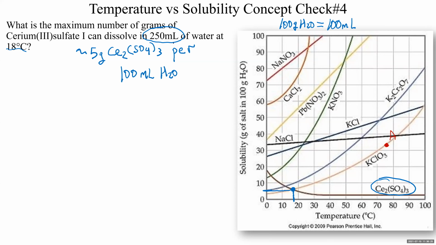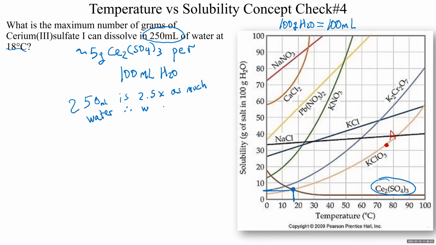Therefore, we can dissolve 2.5 times as many grams of cerium sulfate. I'm going to explain this in words first, and then I'm going to do it officially or systematically. 250 milliliters is 2.5 times as much water.